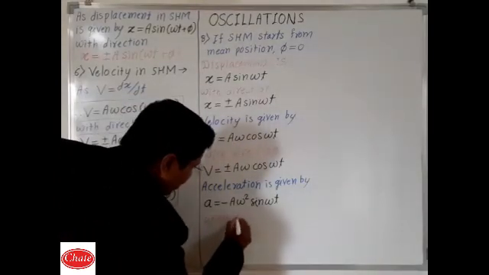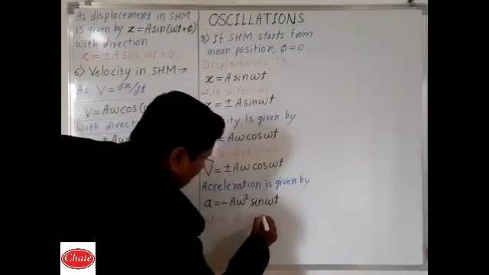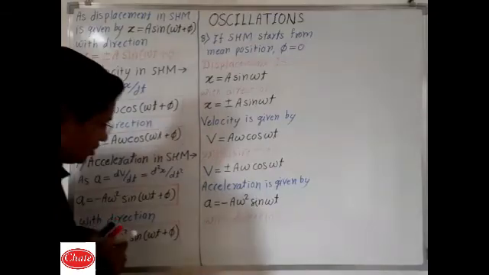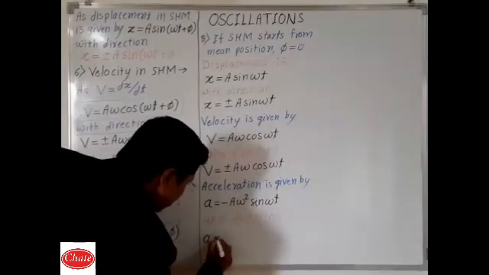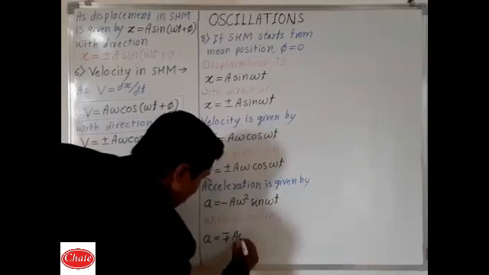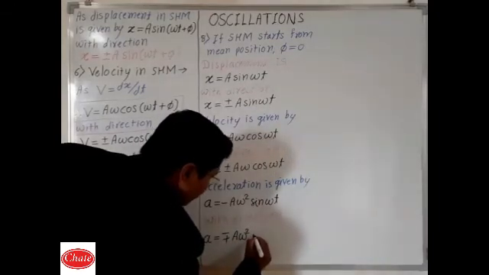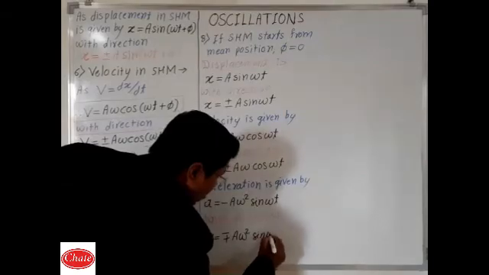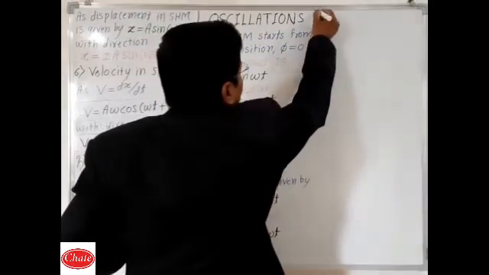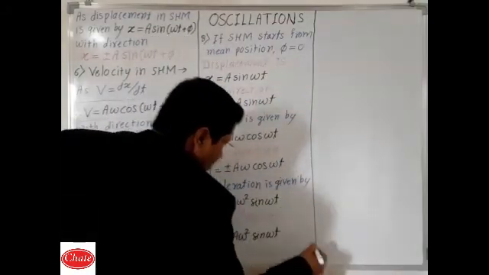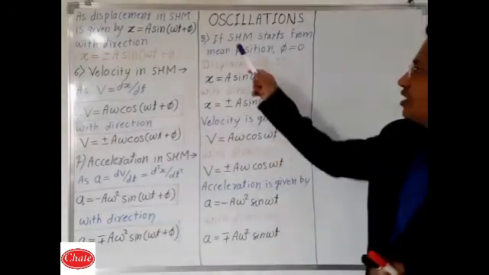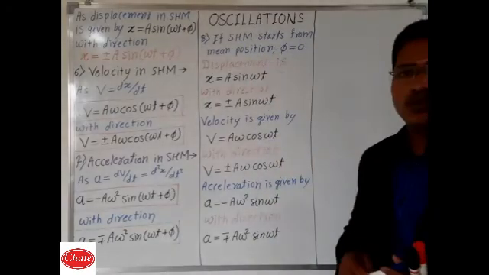With direction minus or plus style equation, a equal to minus or plus a omega square sin omega t. Done. काही डाऊट इथे? हे लक्षात आलं if SHM starts from mean position.